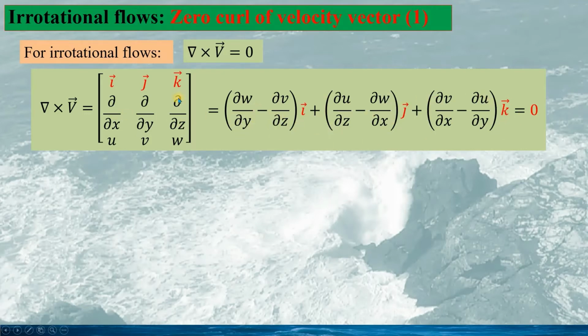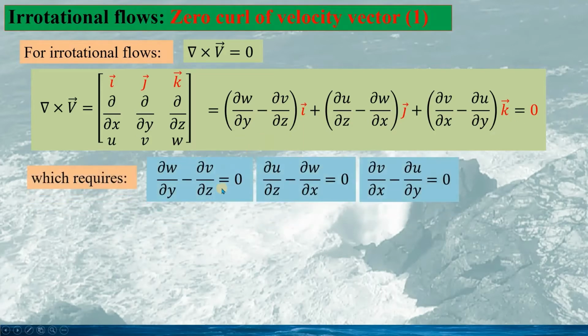That means the curl of the velocity vector is still a vector. We have three components around the x-axis, y-axis, and z-axis. See here the unit vectors. So the component around the x-axis is this, and the component around the y-axis is this, and around the z-axis this. To make this vector to be 0, that means we need to make all three components 0.